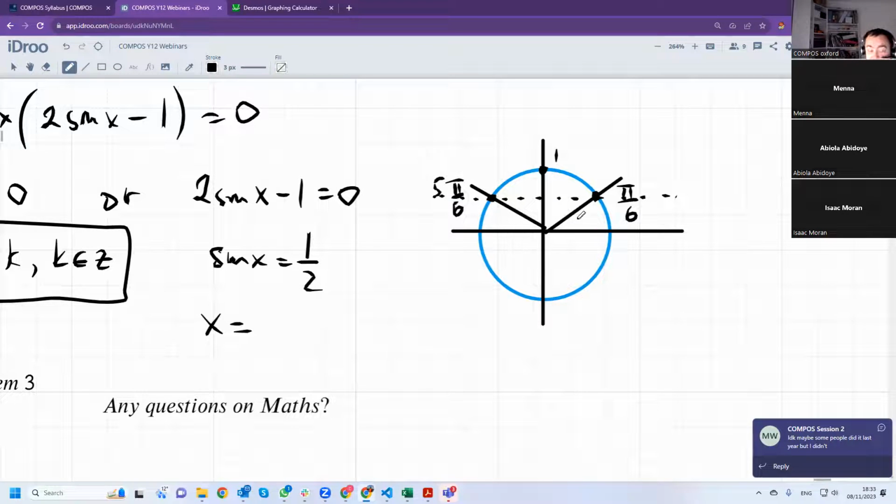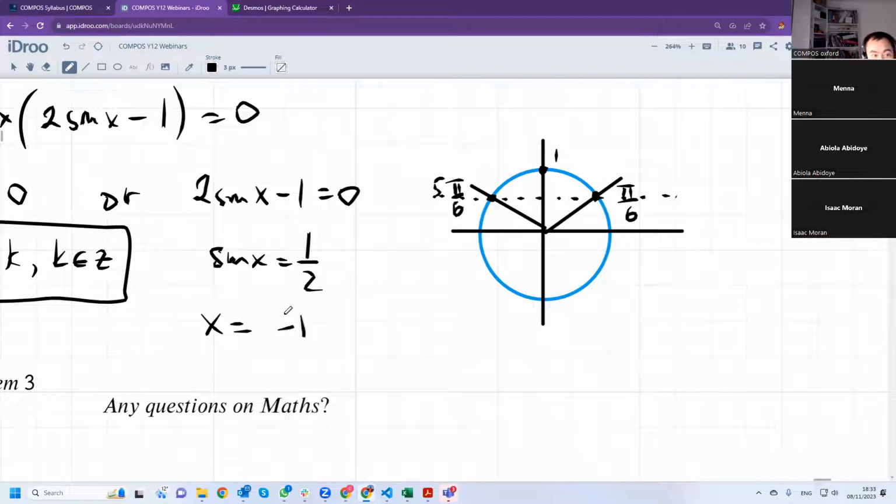And there's a very clever way of writing this down. We write (-1) to the power of k multiplied by pi over 6, plus pi k, where k is an integer.